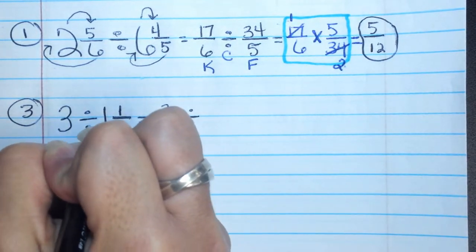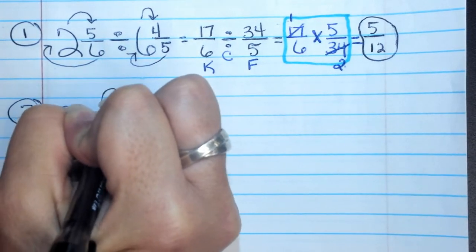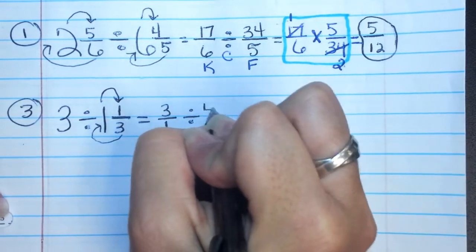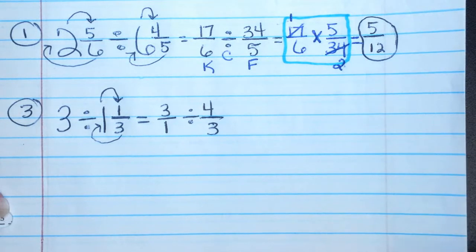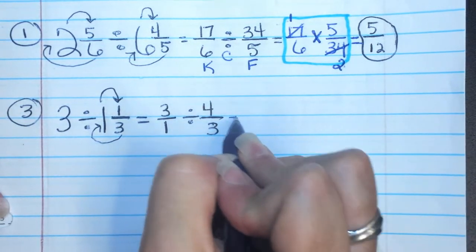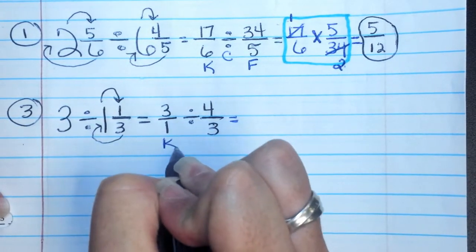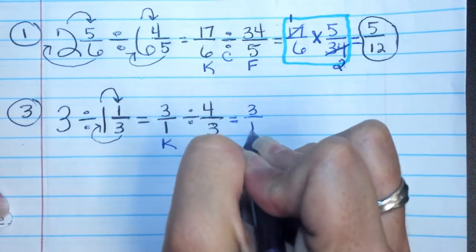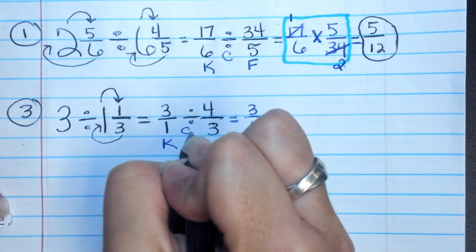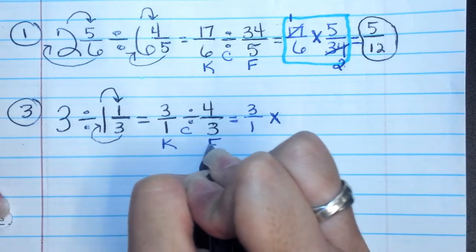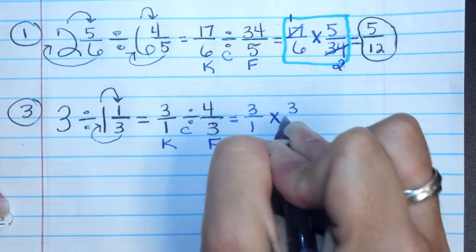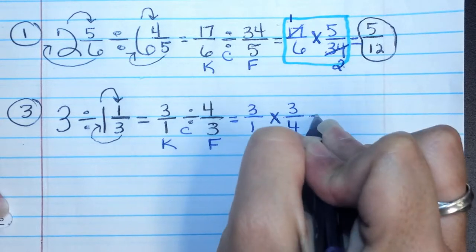And 3 times 1 is 3, plus 1 is 4 over 3. Okay, now I can finally do keep, change, flip. Keep 3 over 1, change to multiply, and flip over that second fraction, which is 3 fourths.